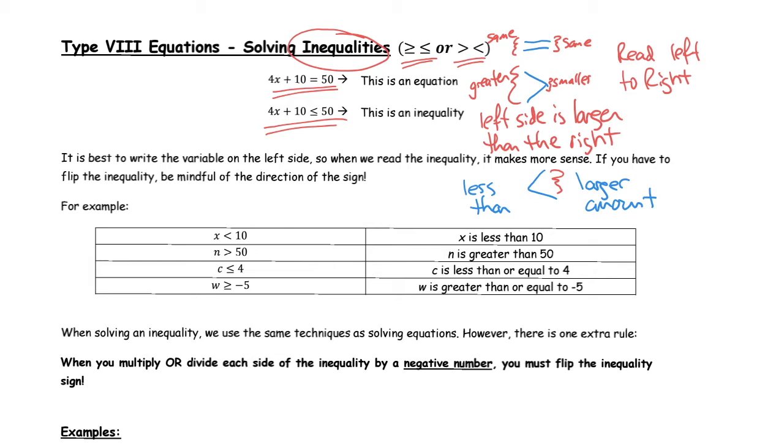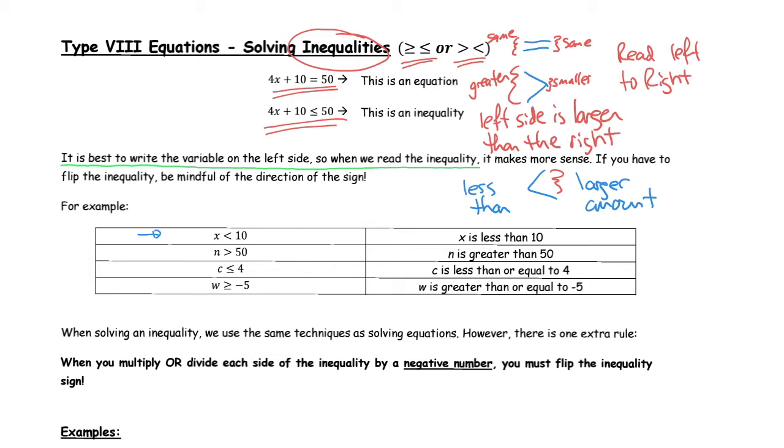Now, one of the things we're going to do is typically write the expression with the variable on the left because it makes more sense. To illustrate what I mean, if we take a look at this first one, it says that x is less than 10, because it's pinched on the side of the x.